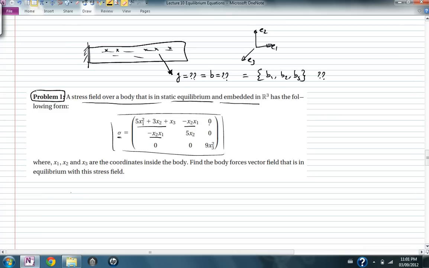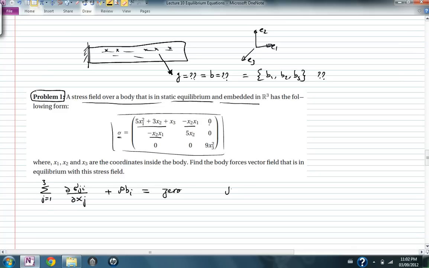So what do we know? We know that we have 3 equations: partial sigma ji by partial xj, the sum from j equal 1 to 3, plus rho bi, static equilibrium, equal to 0.